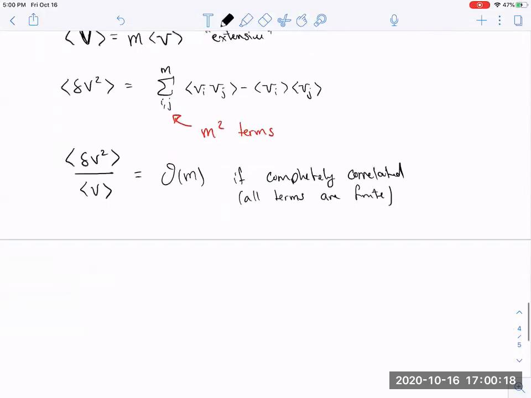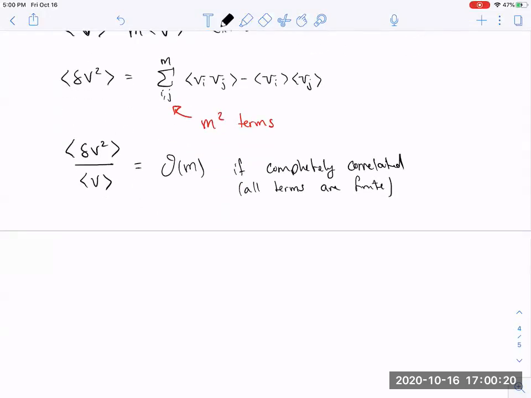If I take M to infinity, that ratio of the fluctuations to the volume is going to go to infinity.